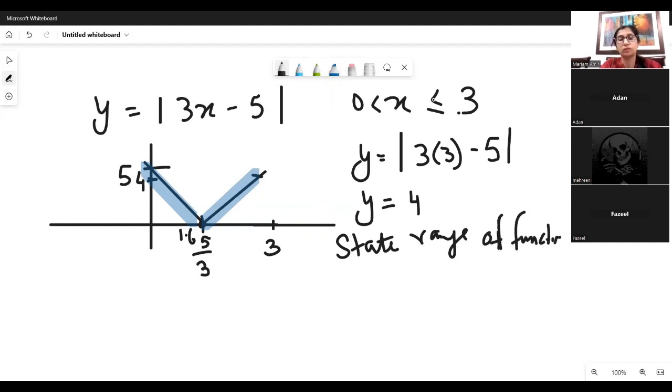So what is the range of this function in the domain 0 to 3? What is the range? The limits of the y values. So in our graph, what are the limits of the y values? 0 to 5. Yes, the graph goes from 0 till 5. So the range is between 0 to 5.